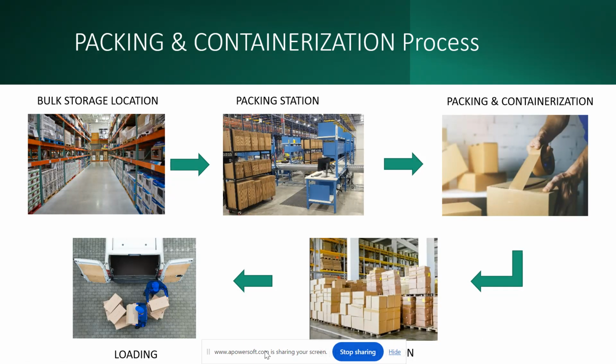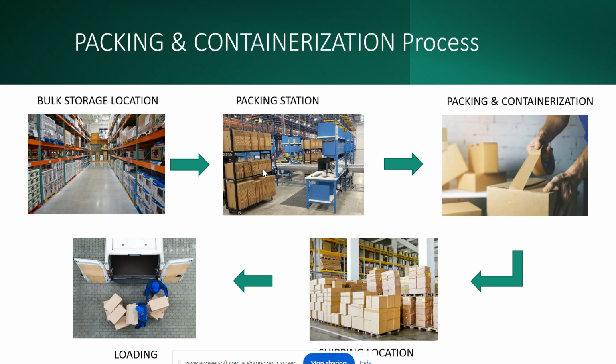That's fine. So, like I said, this is the process generally followed for containerization. You have the material in your bulk storage location from where the material needs to be picked, and then the put operation needs to be done in the packing station, where you have the different container types, where the packing person generally performs the packing operation.